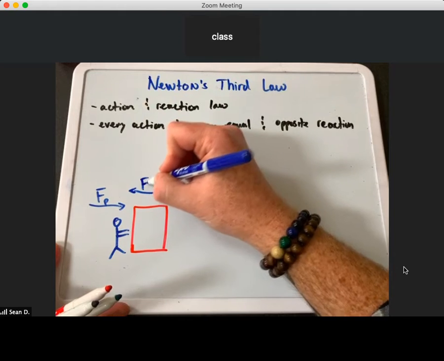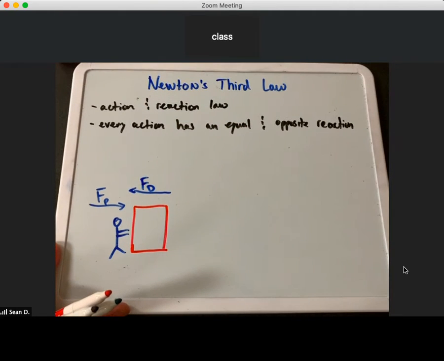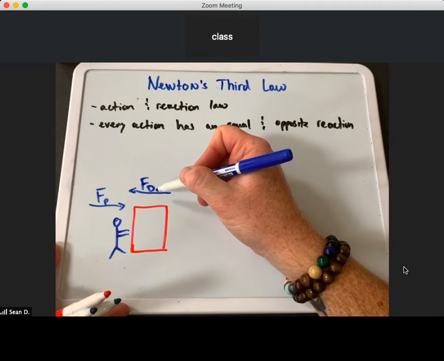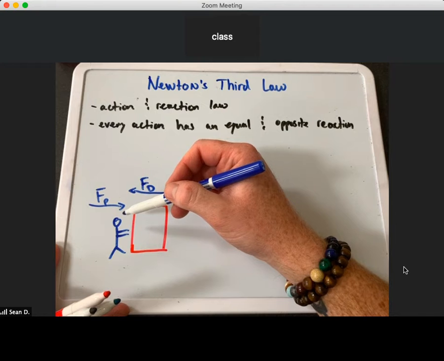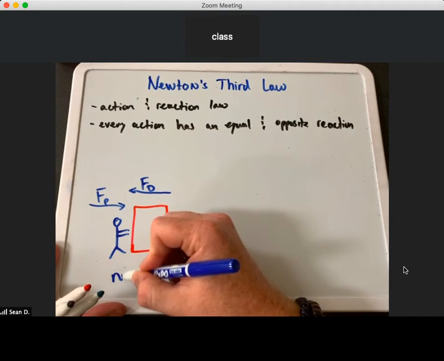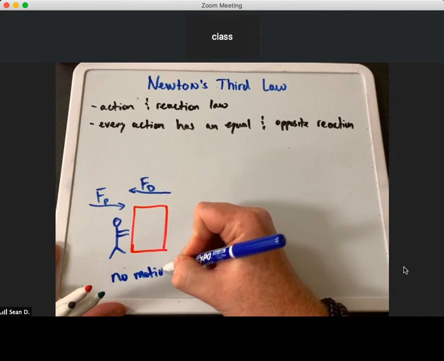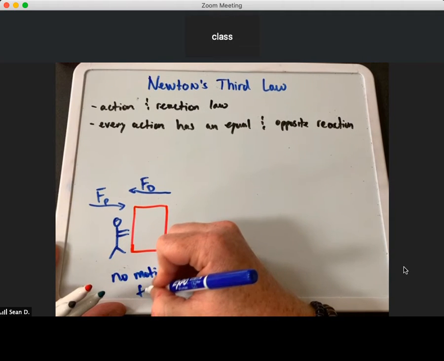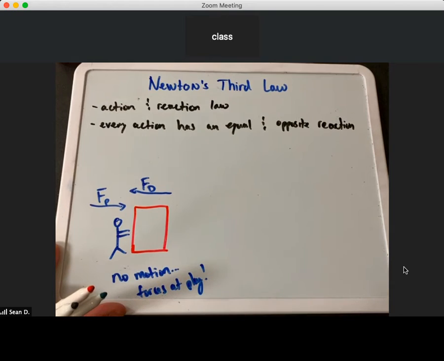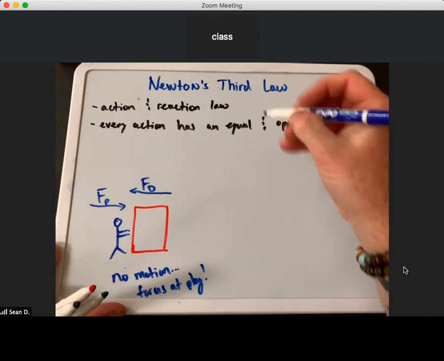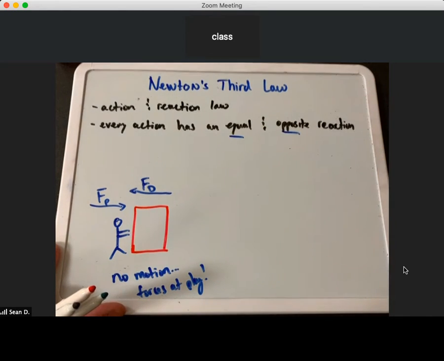There is an equal and opposite reaction from the dresser, called force D in this example, that is opposing your force of pushing. So even though there is no motion, that doesn't mean that there are no forces at play. There are forces at play. It is an equal and opposite reactionary force.